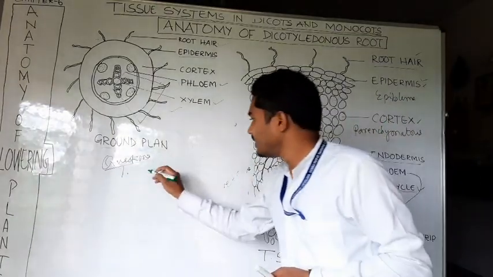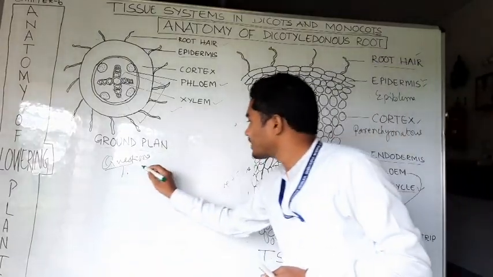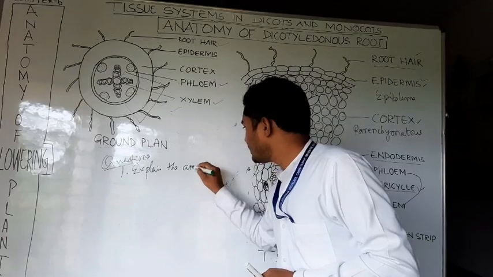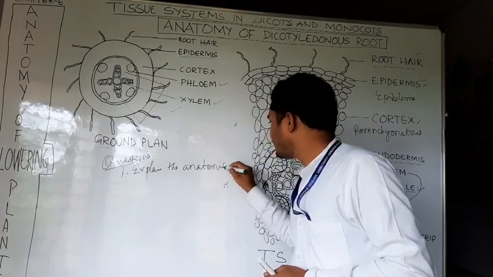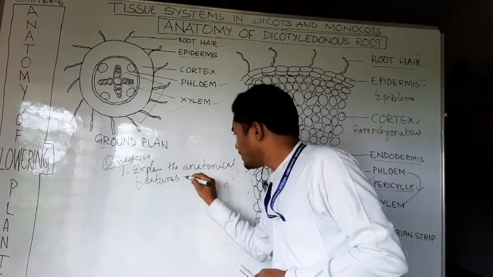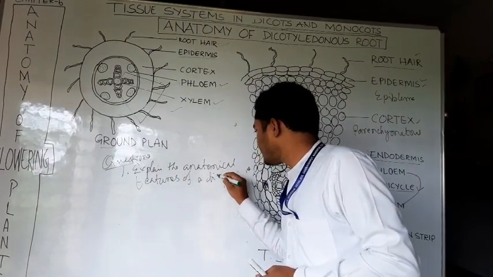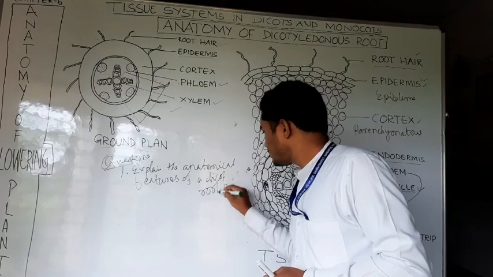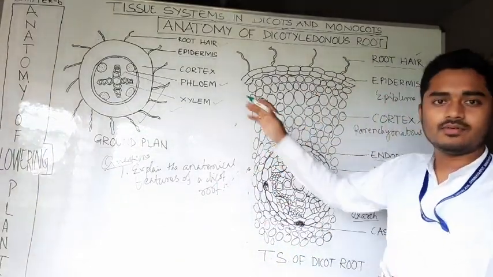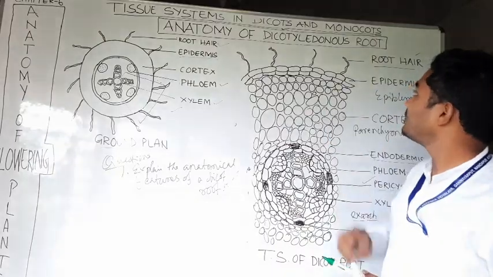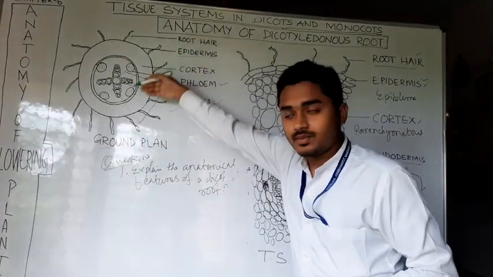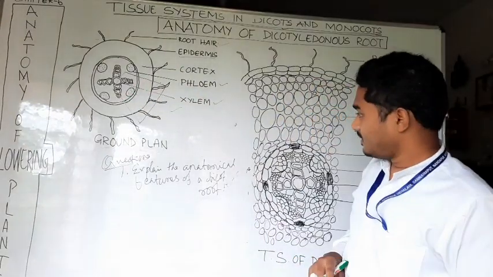So first one is, if the question is about explaining the anatomical features of a dicot root, then, as just before I was giving the summary of the anatomy of dicotyledonous root, just go on writing starting from the epidermis to the pith.